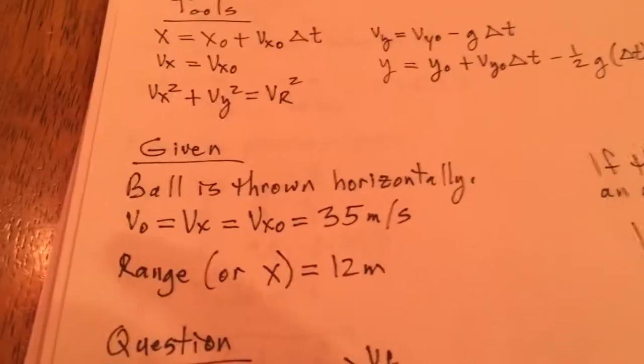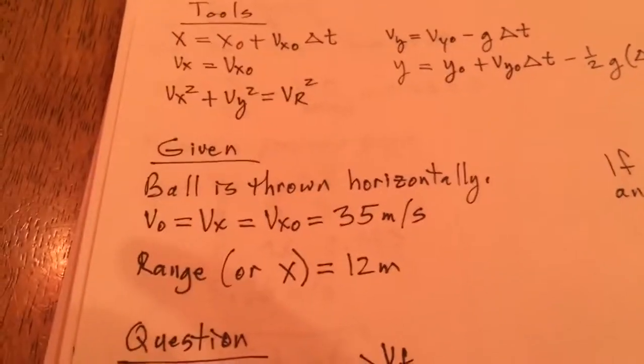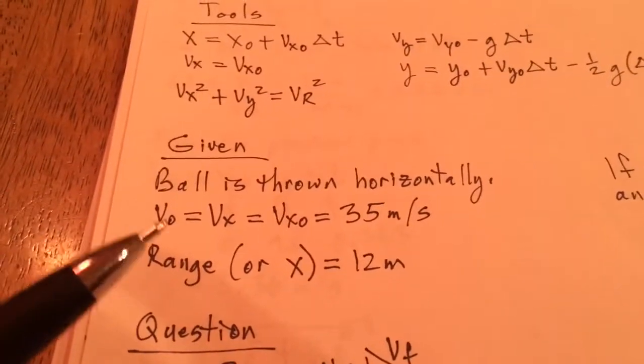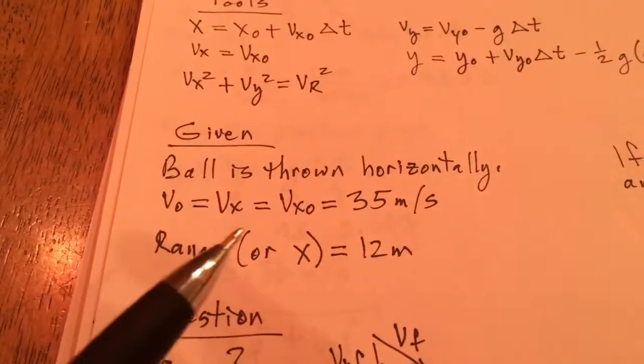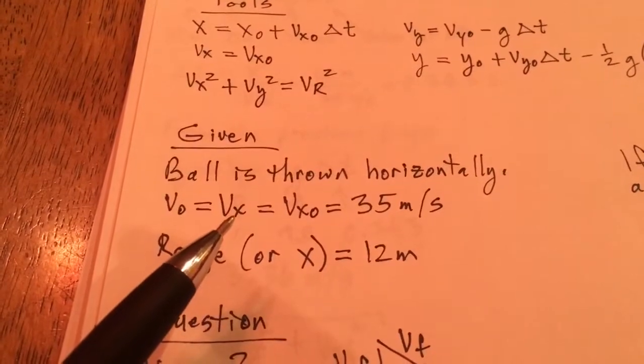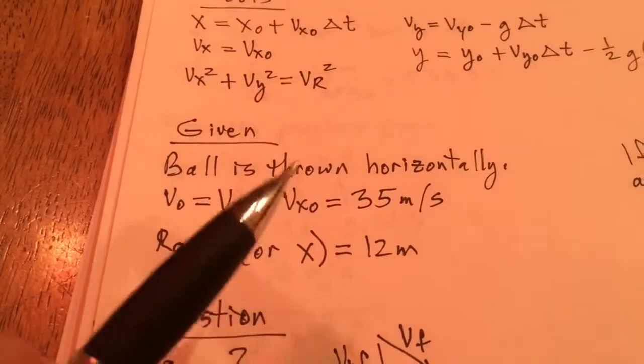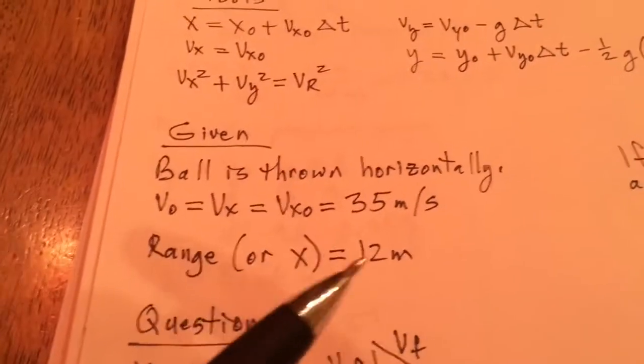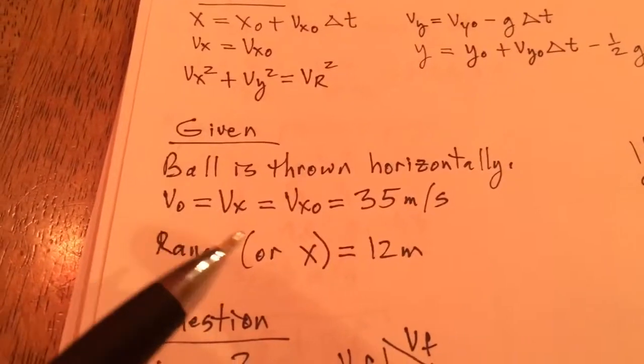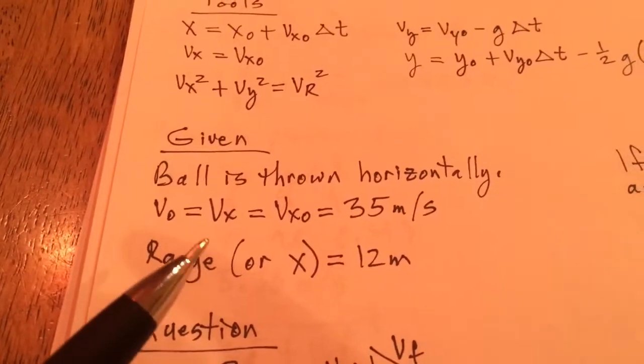Okay, so given that the ball is thrown horizontally, like I mentioned, initial velocity equals initial X direction, which is 35 meters per second. A principle that you'll need to know is that velocity in the X direction is constant.